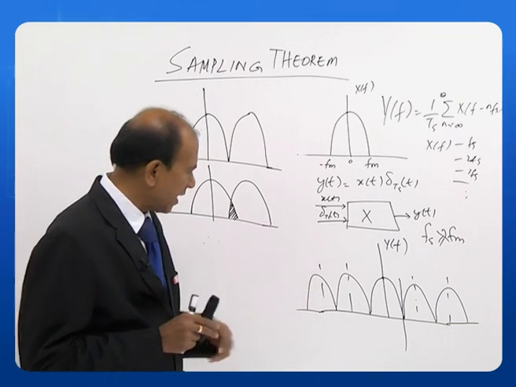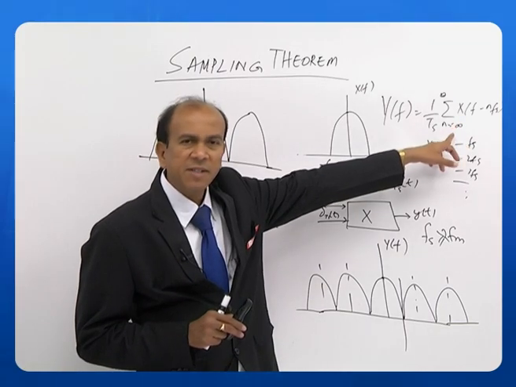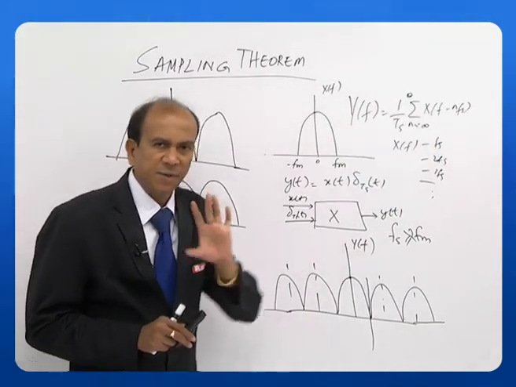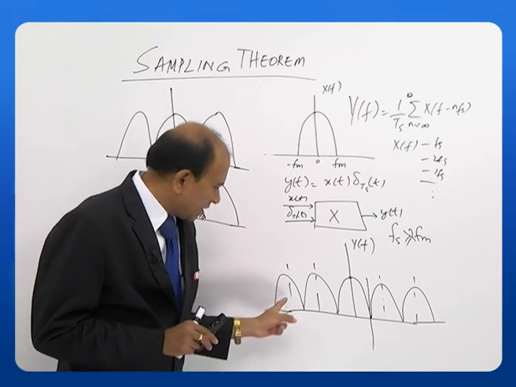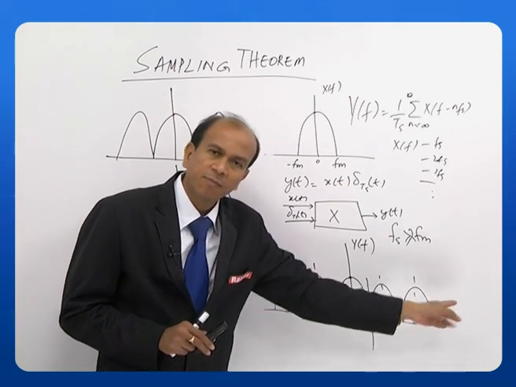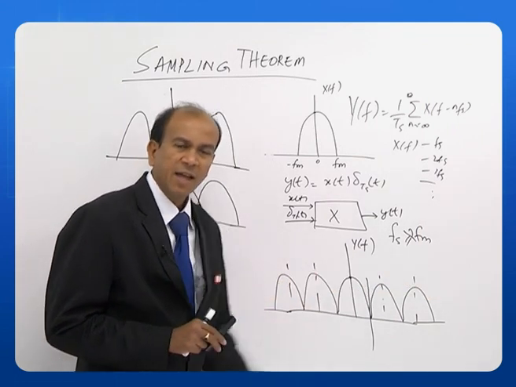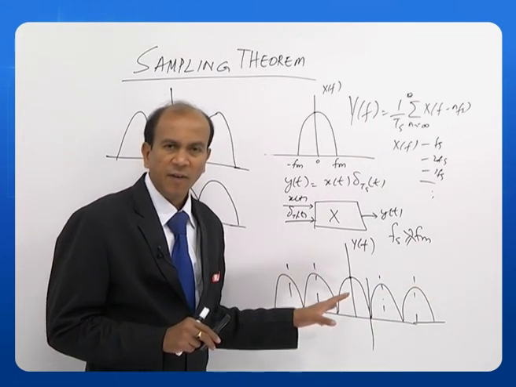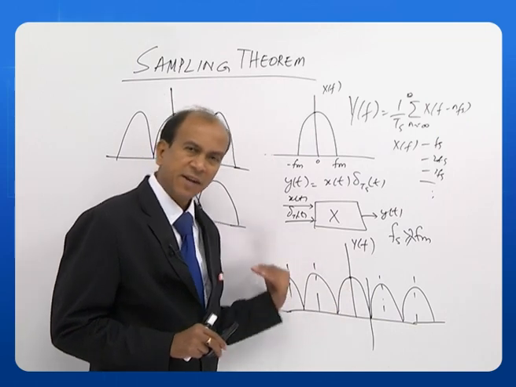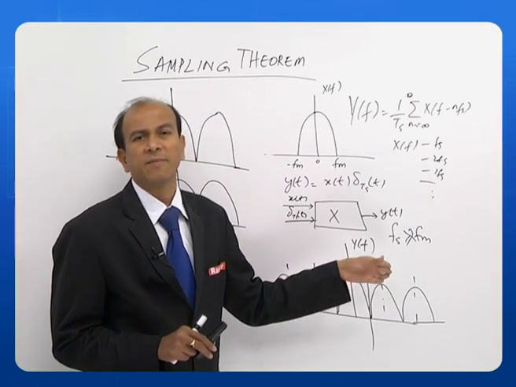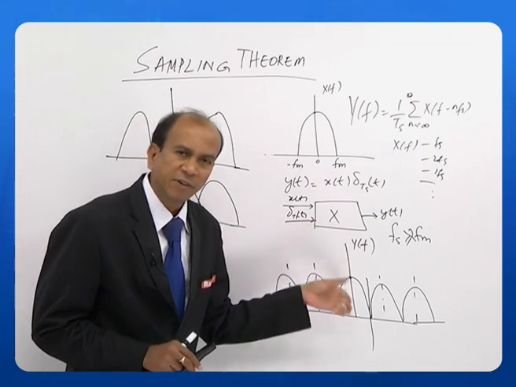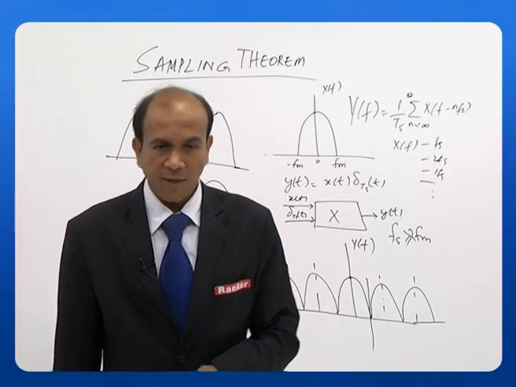So, if we see here, the spectrum is extending from minus infinity to plus infinity. So, for ideal sampling, what should be the bandwidth? The bandwidth is infinity. Okay, because the spectrum is extending from minus infinity to plus infinity, the bandwidth is also equal to infinity. Let us see the next point.